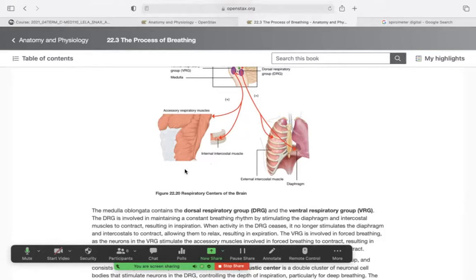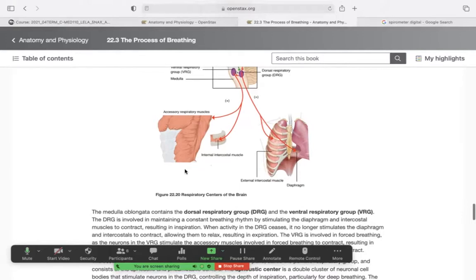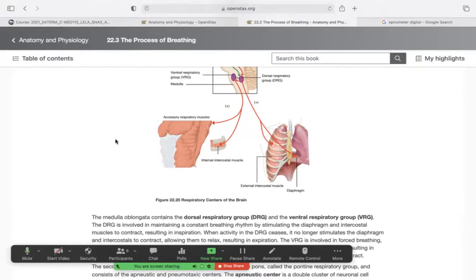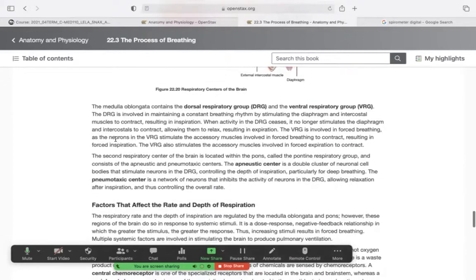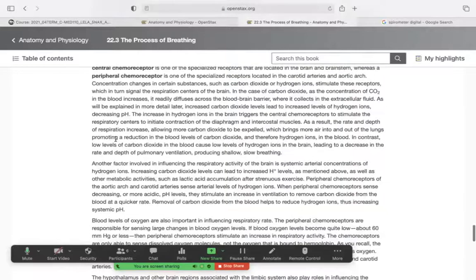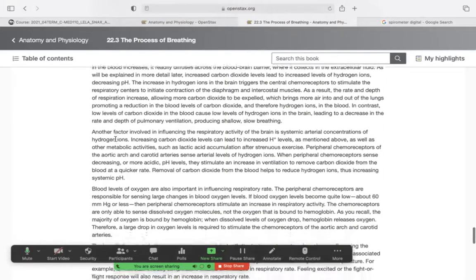When you're using your accessory respiratory muscles, that means you're having a hard time. Another way to identify them is to sprint: run as fast as you can on the treadmill, then stop and look at yourself in the mirror, and you'll see your shoulders moving. Normal quiet breathing doesn't require your shoulders and your back and all that other stuff.